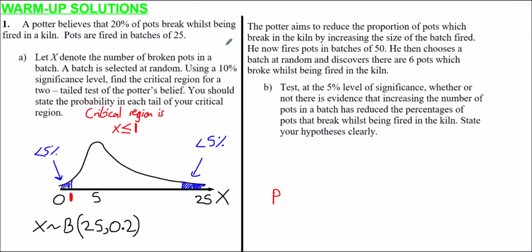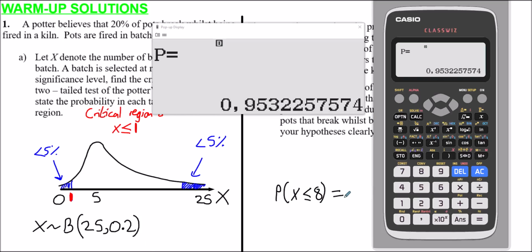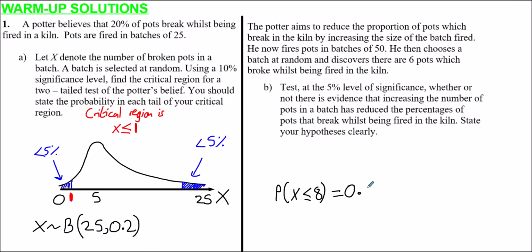careful. So that tells us a probability of having up to 8 pots broken equals 0.953. Therefore, that tells us that the chance of having 9 or more broken will be 1 minus that probability, 1 minus 0.953.